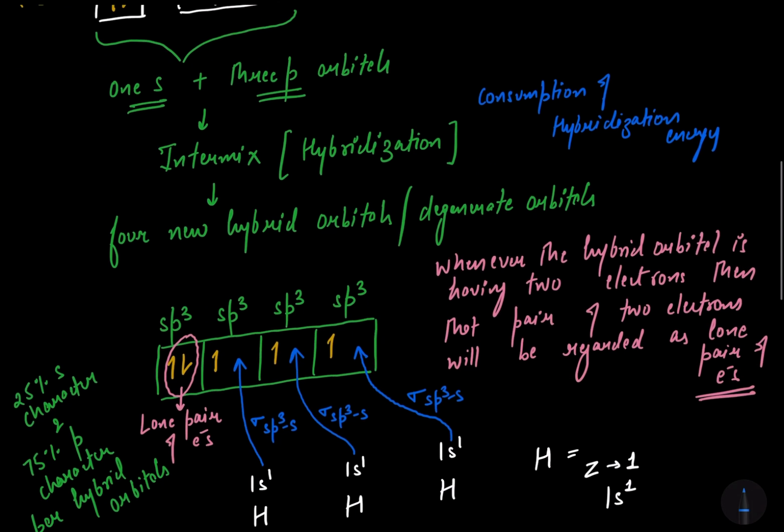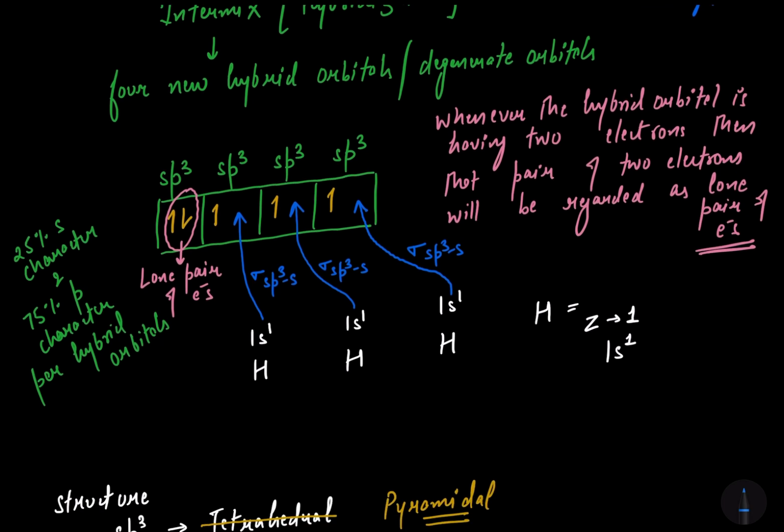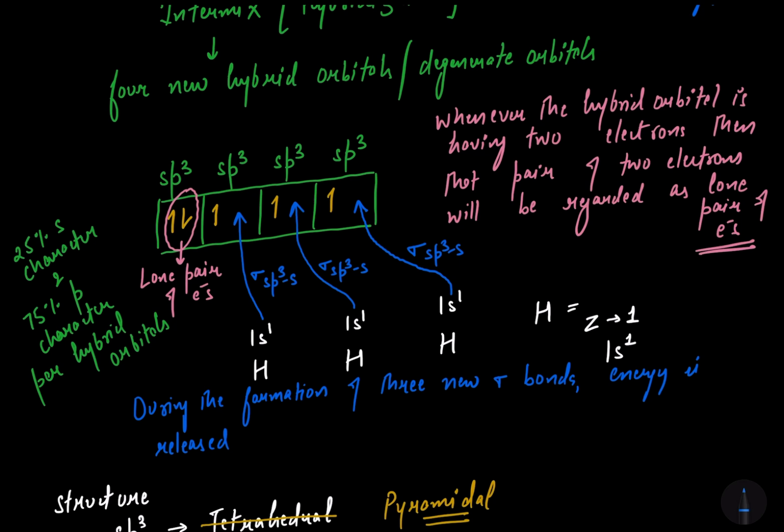Now after that, when there is a formation of 3 sigma bonds, I'm writing, during the formation of 3 new sigma bonds, energy is always released. It's an exothermic process. The formation of bond is an exothermic process.